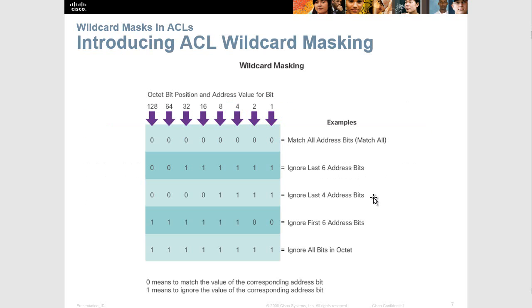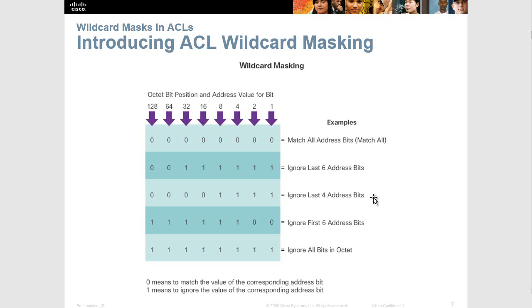So here we have our first complicated topic, which is wildcard masking that you use when creating your access control lists. You do need a mask along with your IP address when you're going to apply an access control list to a certain IP address or a certain network.